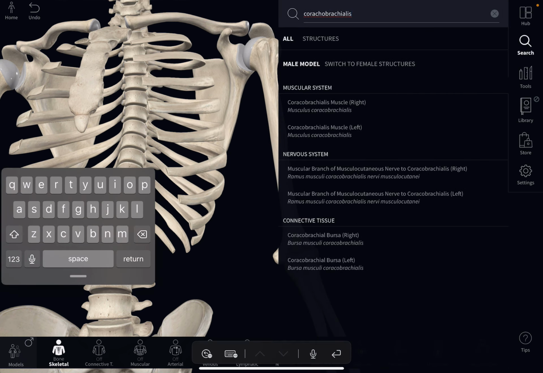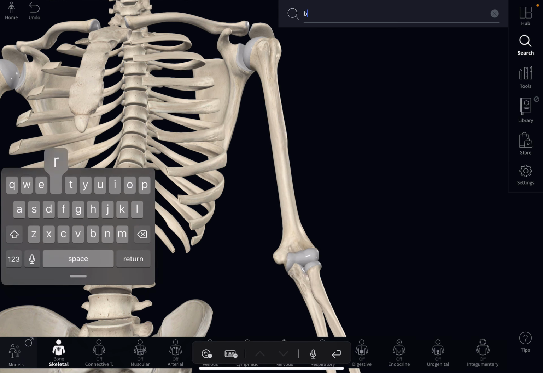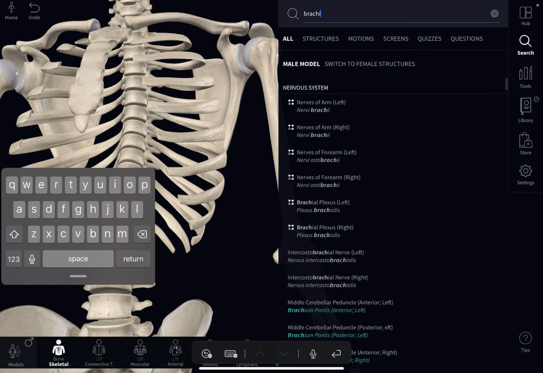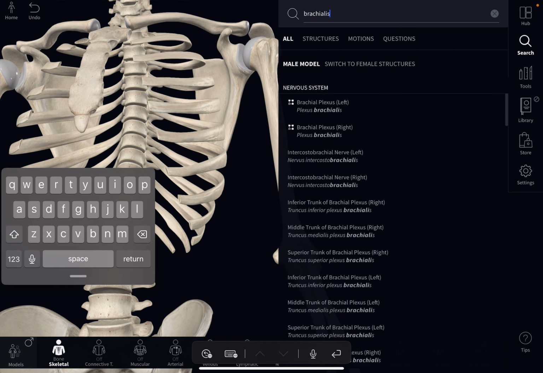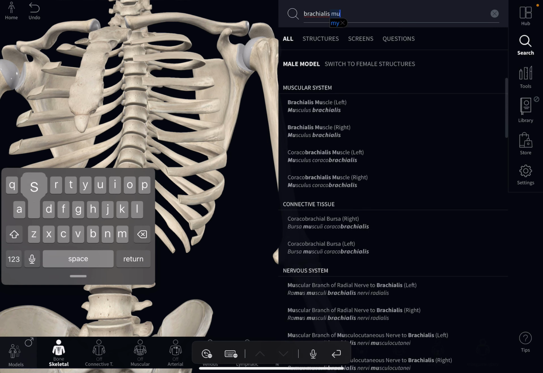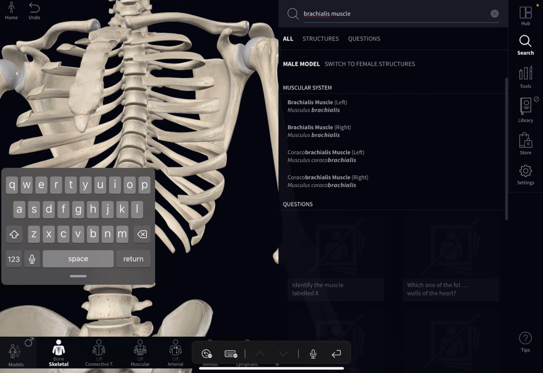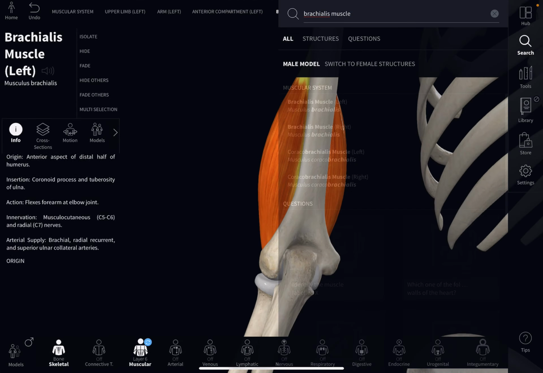Okay. So now let us take a look at the brachialis muscle. The brachialis muscle can be seen taking origin. See, look at this.